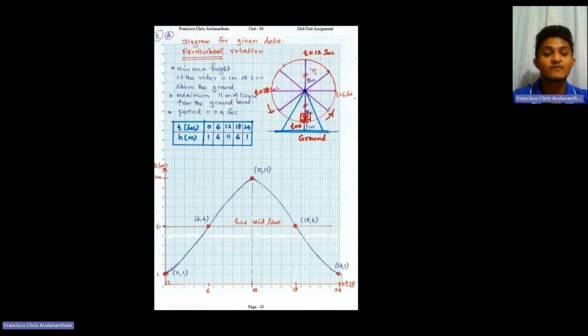Period is equal to 24 seconds. You can see the data are shown in this table. This is the diagram for the given data. You can see here. According to the table, 5 key points are here.